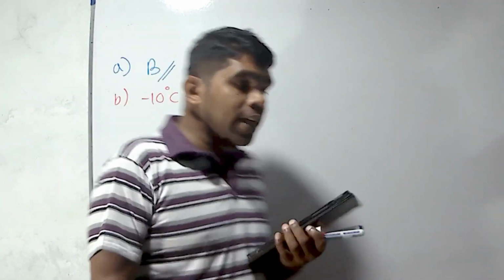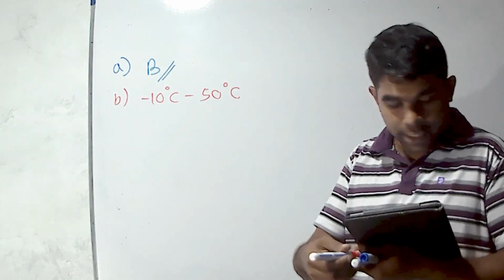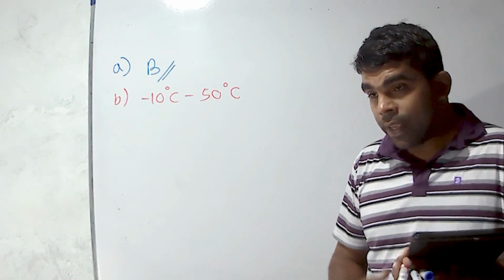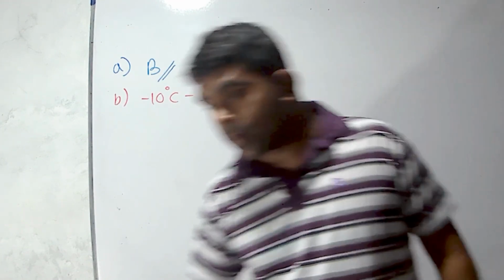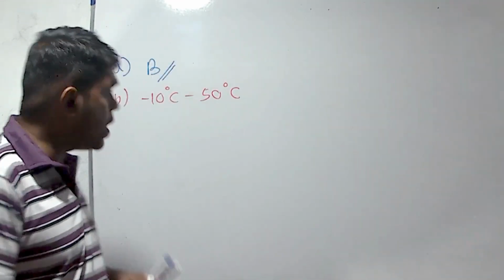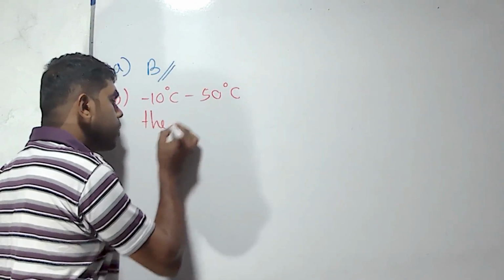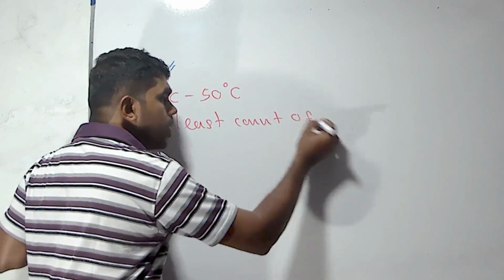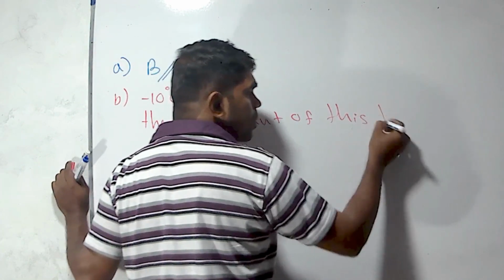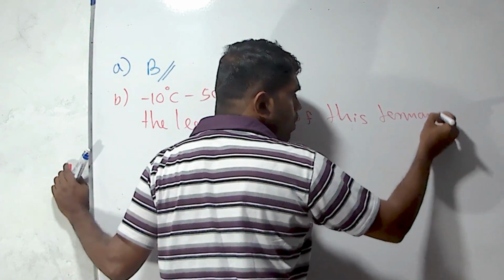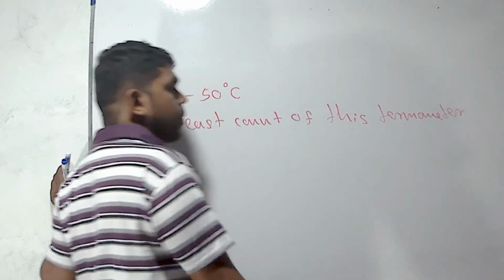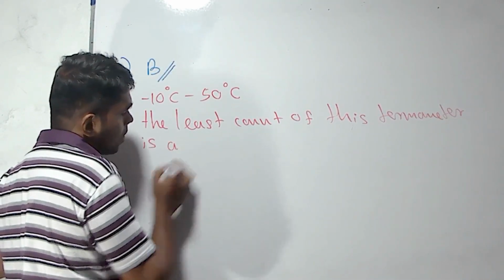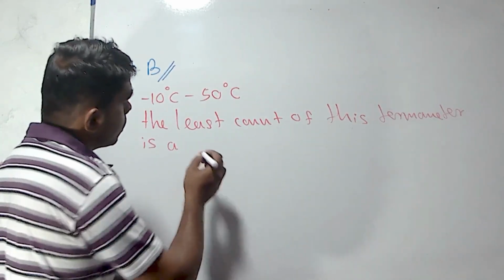We have to write the reason for the selection. We can write that the least count of this thermometer is a small value.